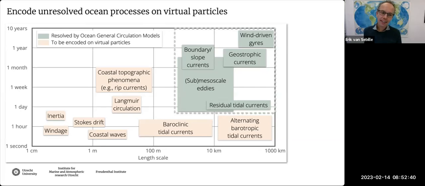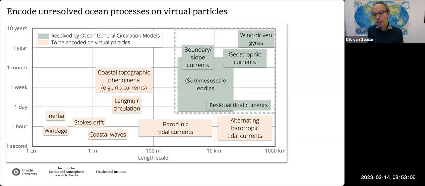Yeah, so we tried that in an ESA project, the World Ocean Circulation Project, and Clement Ubelman, who you may know, tried really putting those inertial oscillations also on the particle level. I think a publication is coming out, but I haven't seen that for a while. But yeah, you can try that.